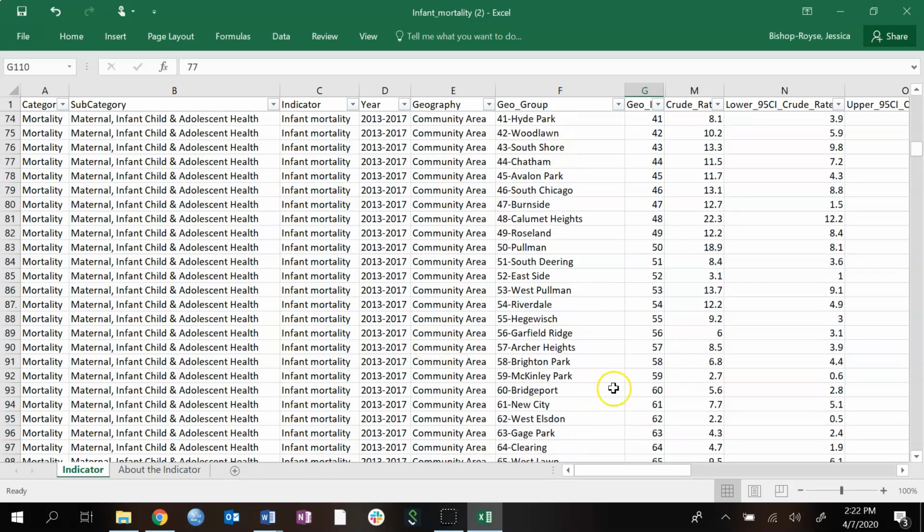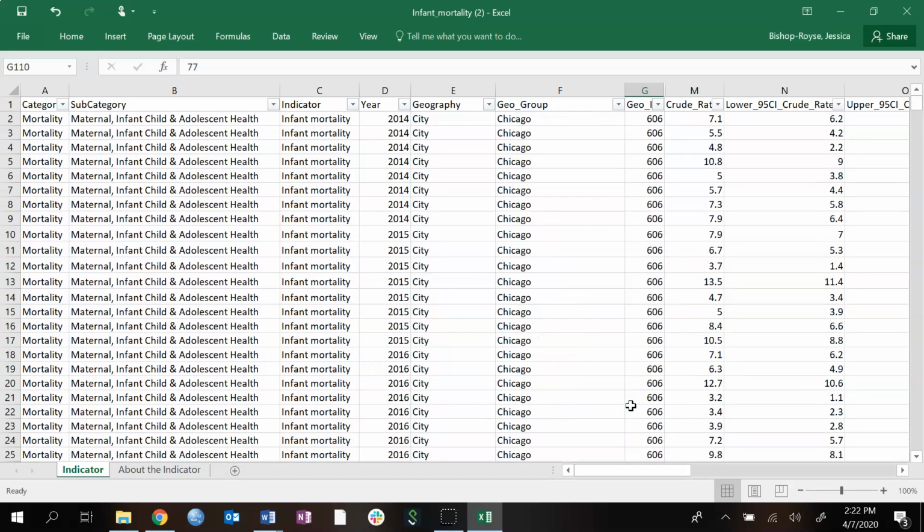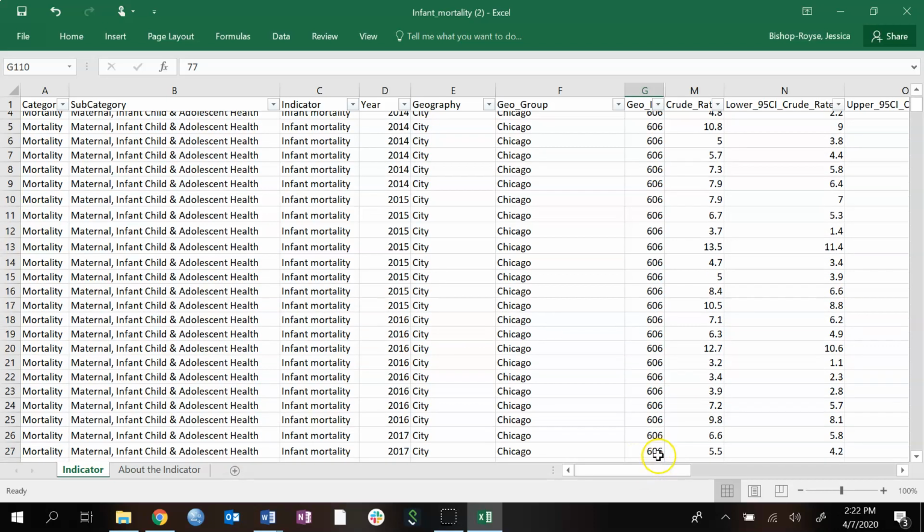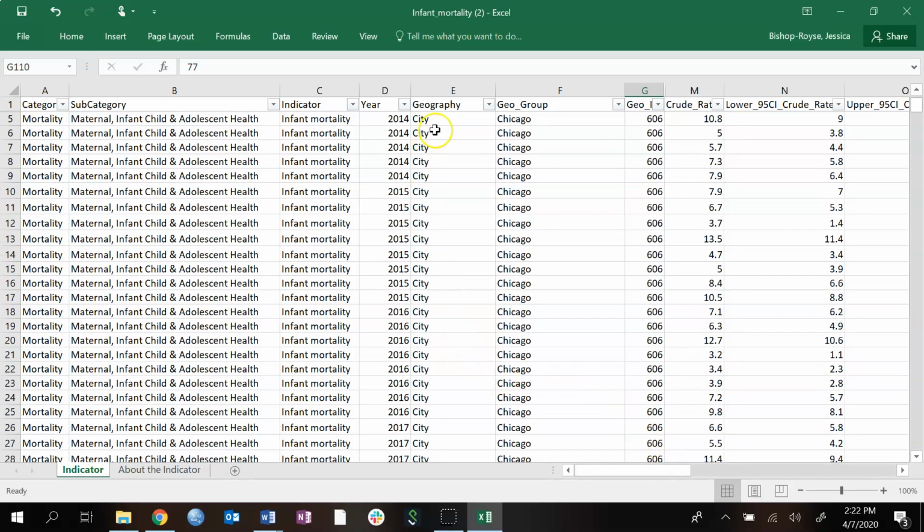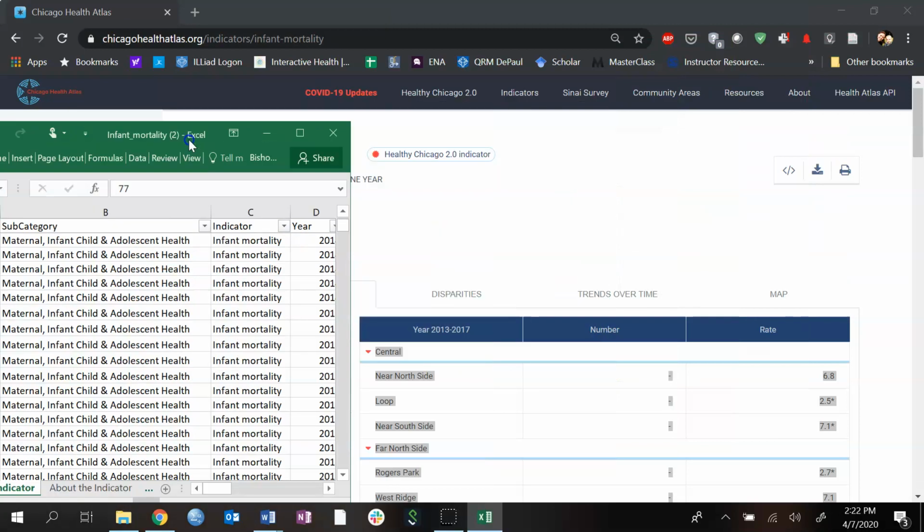Now, we want to make sure that we keep that variable in, because if we ever need to merge data at some point, we want to merge on the basis of that number and not the names, okay? So what we're going to do now is we're going to start building another spreadsheet here.